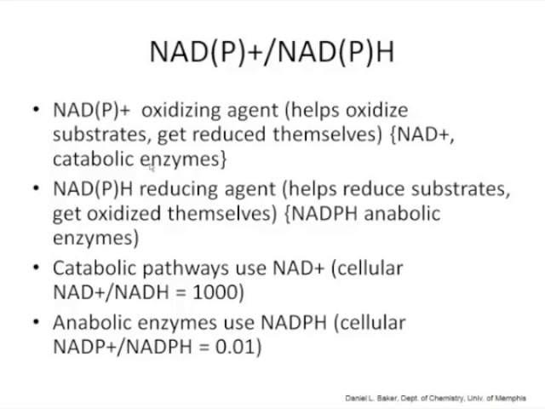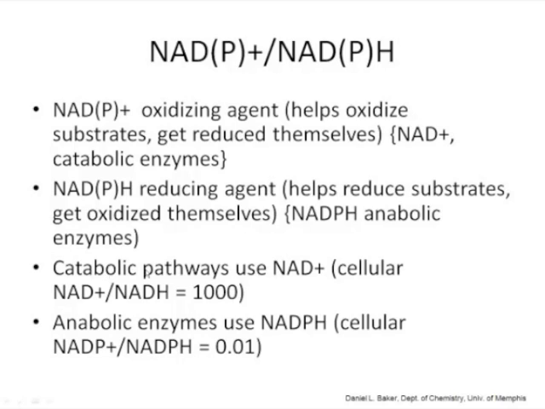And NADPH is a reducing agent. It helps to reduce substrates and itself gets oxidized. So NADH or NADPH are both reducing agents, and they get oxidized back to their NAD plus or NADP plus forms. And NADPH is commonly used for anabolic enzymes. These are enzymes that are building biomolecules.